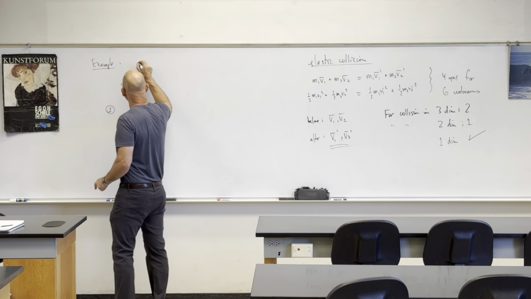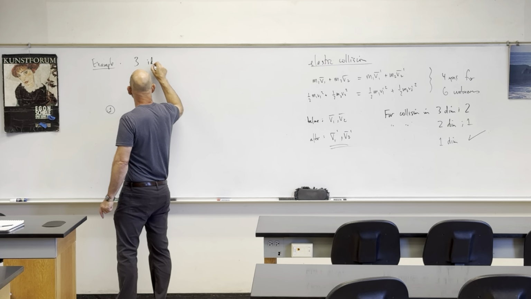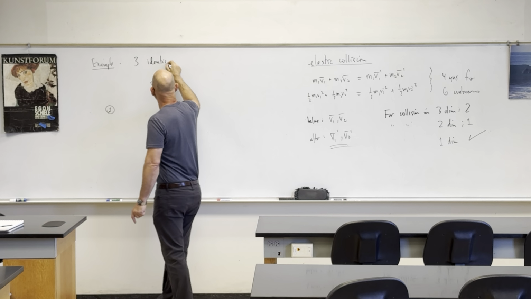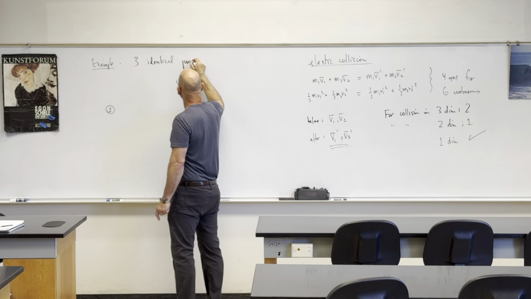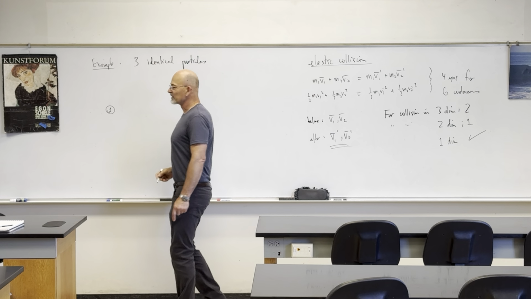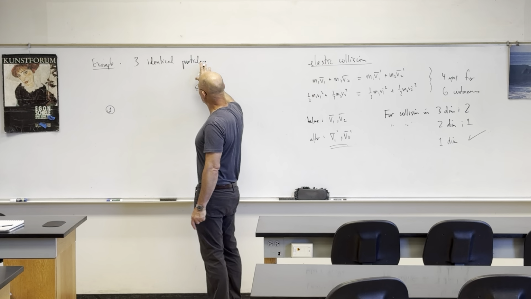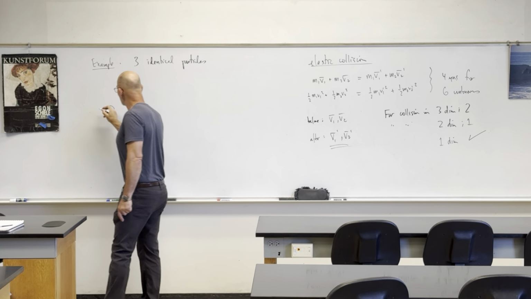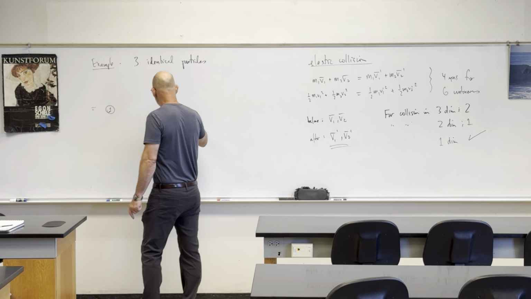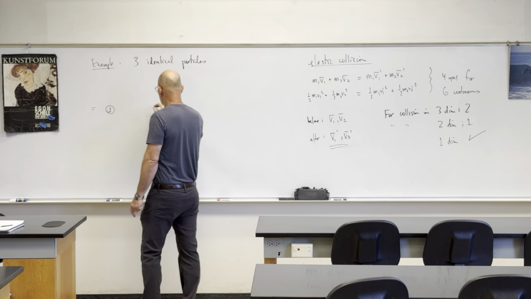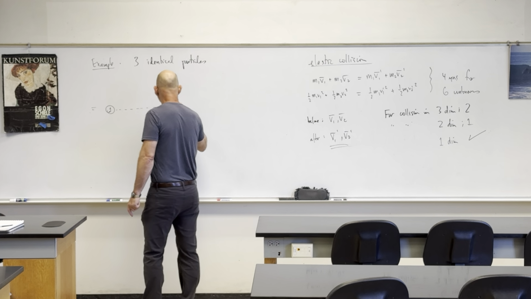So we're going to have 3 identical particles. Now, generally speaking, 3 particles would be worse than 2 in terms of how many equations you need. But this one's coming in here, and it's going to strike. So we have to do some geometry here.